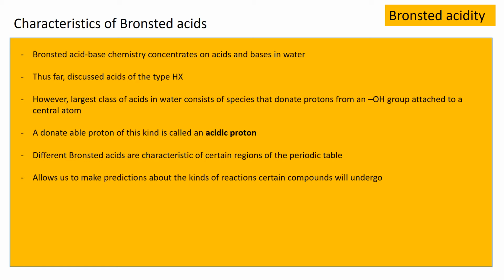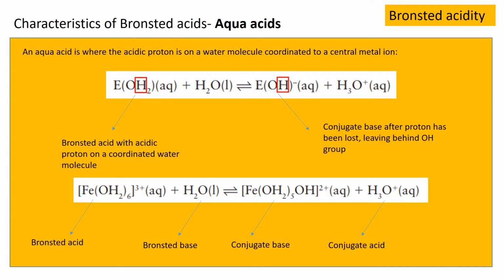But the largest class of acids in water consists of species that donate a proton from an OH group attached to some kind of central atom. And a donatable proton of this kind is called an acidic proton.